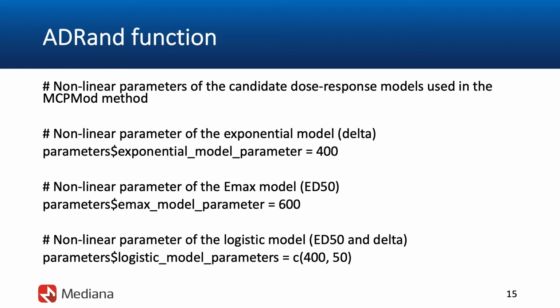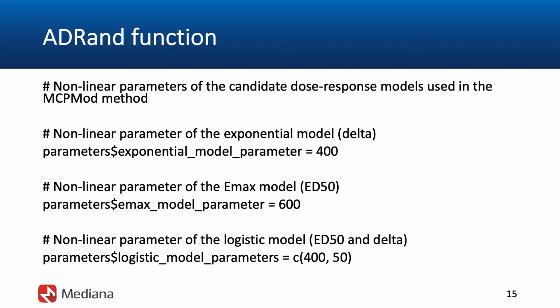And this method requires that we pre-specify a set of dose-response functions that describe potential plausible shapes of the dose-response relationship. Those functions would need to be pre-specified. We also need to pre-specify parameters that explicitly define the shapes of those functions.